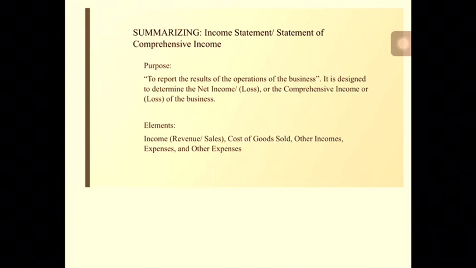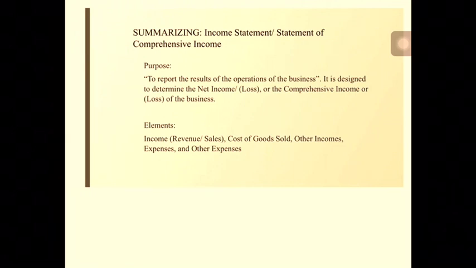Therefore, whatever amount that may be collected from the renting out of space shall be considered as part of other incomes. Your other incomes again are increases in capital which are not considered as investment by the owner or the owners of the business, and at the same time they are not derived from the regular profit generating activities of the business. Okay, so that's for other incomes.